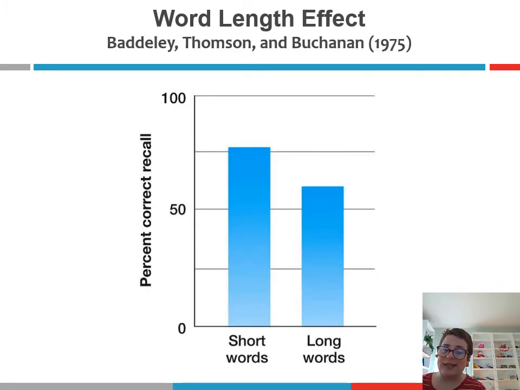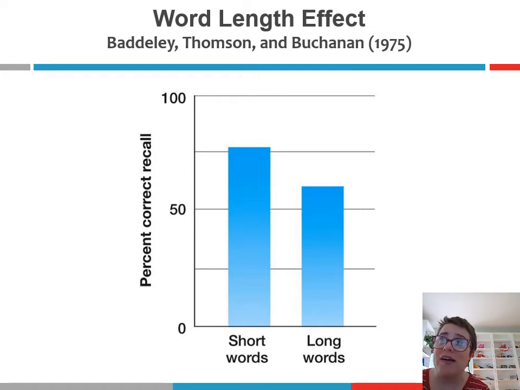So our second demonstration is something known as the word length effect. So Baddeley, Thomson, and Buchanan found that recall was always better for shorter words than longer words, right? And why is this?